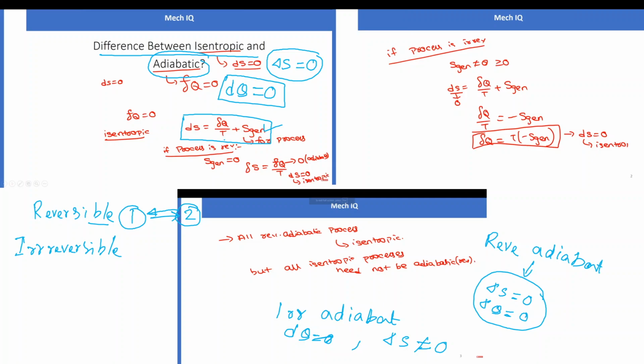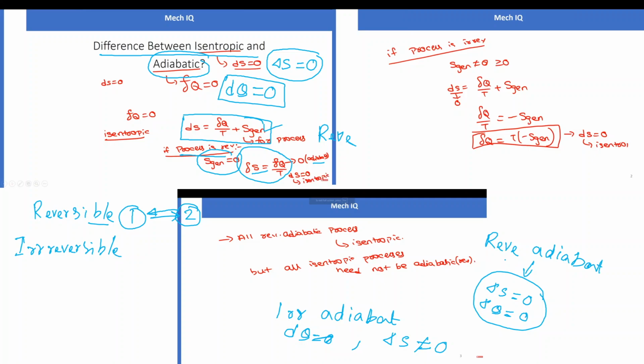Whether the process is reversible, entropy generation is 0, and ds will be dq by T. For a reversible adiabatic process, dq equals 0, so ds equals 0.